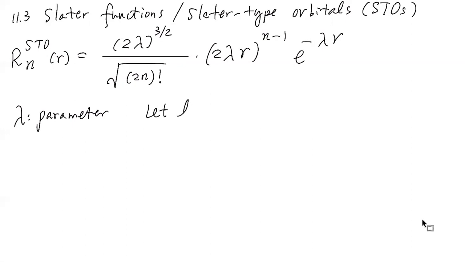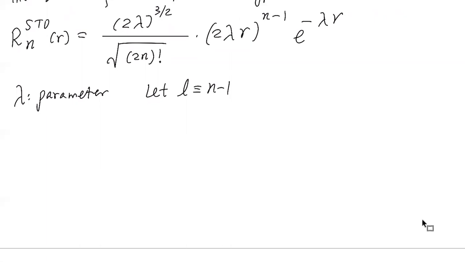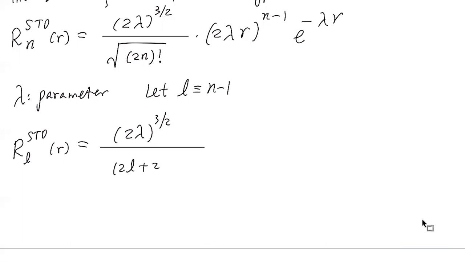If you let l be equal to n minus 1, according to what we have in the hydrogen atom, then you can rewrite this R_n STO as R_l STO. This is (2 lambda)^(3/2) over the square root of (2l+2) factorial, times (2 lambda r)^l times exponential of negative lambda r.